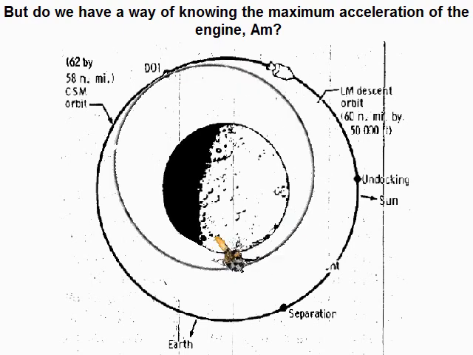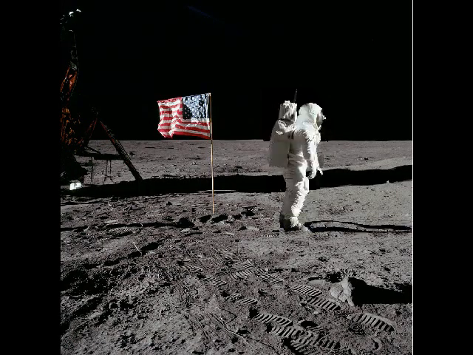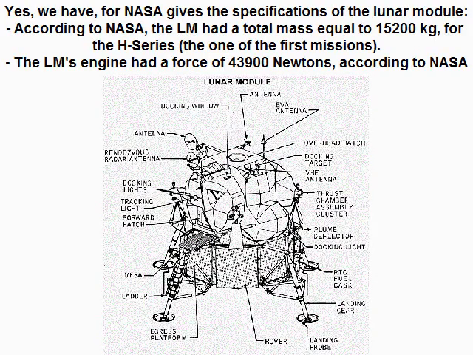But do we have a way of knowing the maximum acceleration of the engine m? Yes, we have, for NASA gives the specifications of the lunar module. According to NASA, the LM had a total mass equal to 1500 kg for the HS Ares, the one of the first missions.